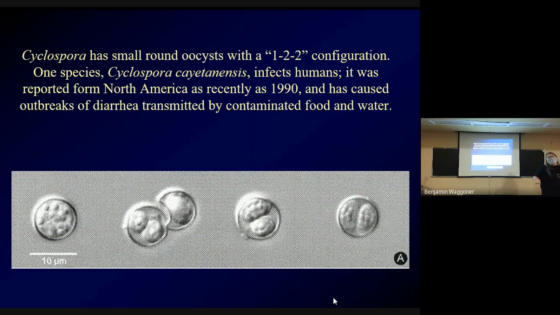There's one species that does infect humans, and it doesn't seem to be that well known, but it was reported from North America in 1990, and it can cause outbreaks of diarrhea that are transmitted by our old friend, the fecal-oral route, consumption of food and water that's been contaminated with human feces. I don't believe it's a major threat to public health, but there are occasional outbreaks of Cyclospora-induced diarrhea in people. Pre-meds might conceivably encounter this.